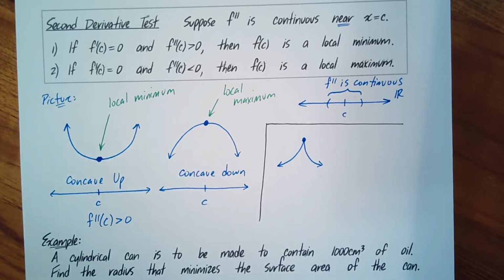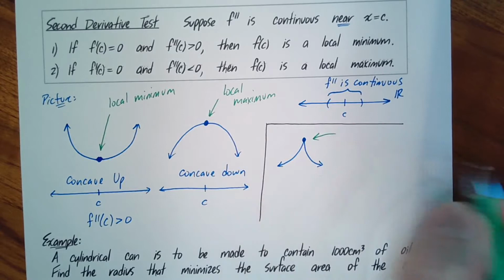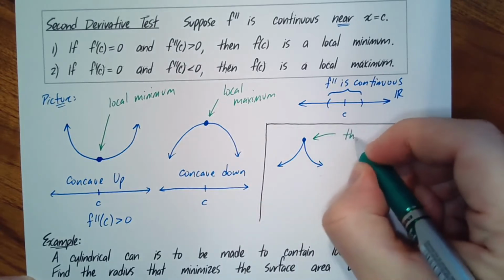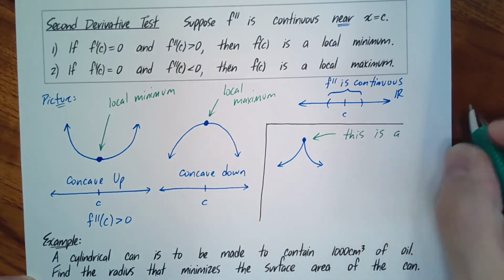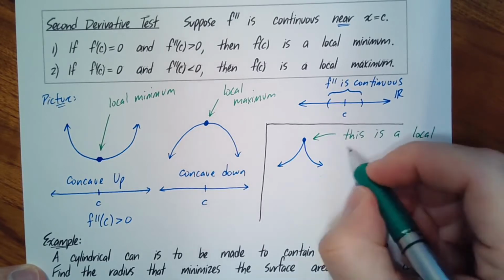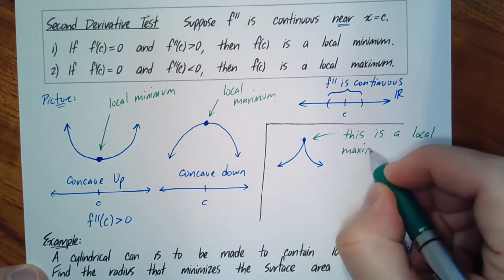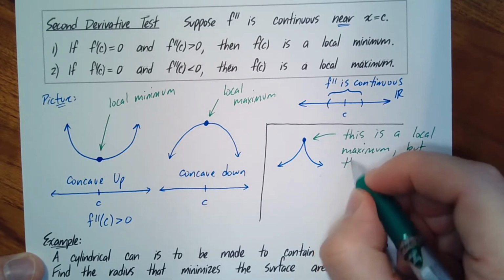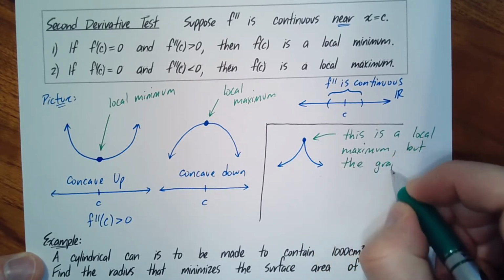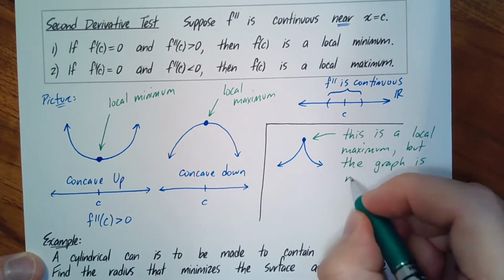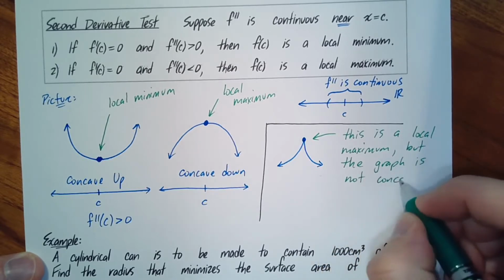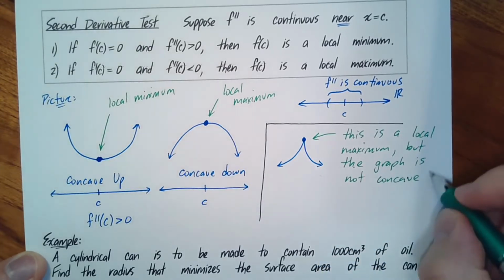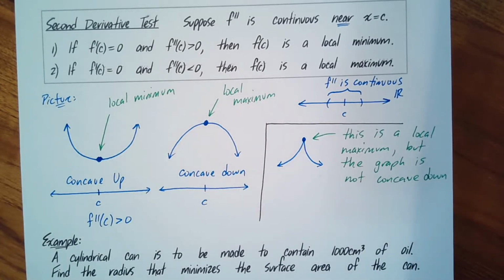So let's make that observation. This is a local maximum, but the graph is not concave down.